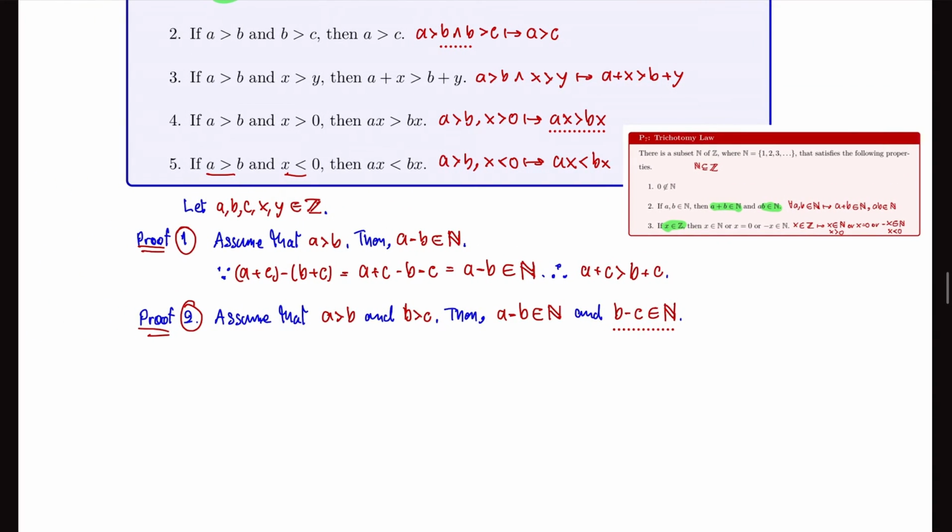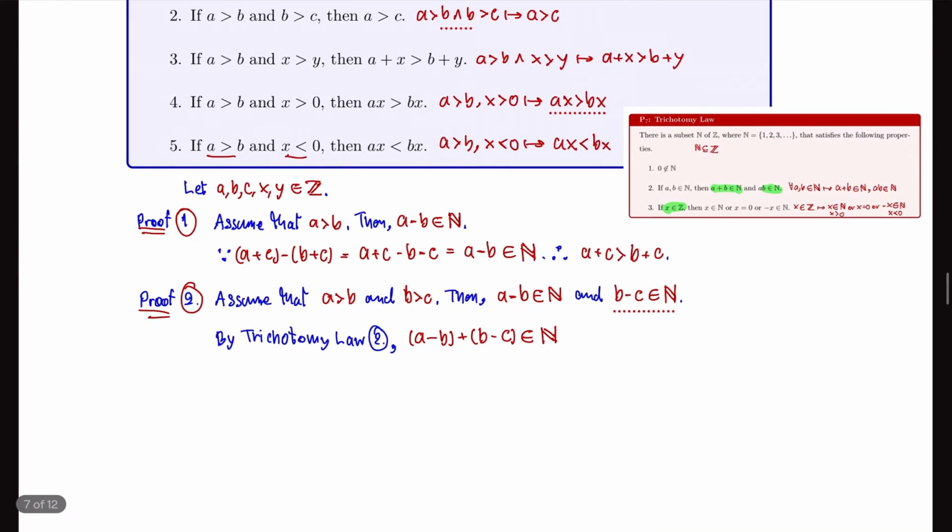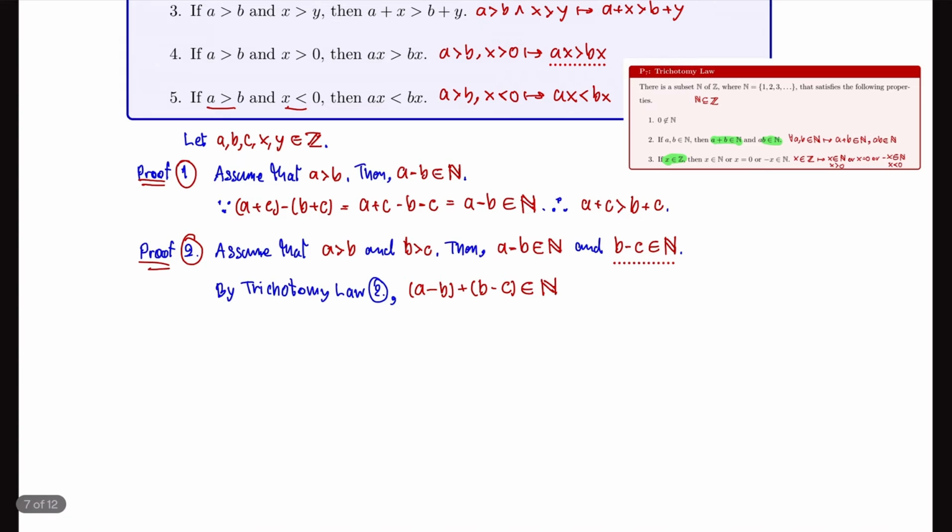So by the trichotomy law, number two, we have a minus b plus b minus c is a natural number. Okay, but what is this one?